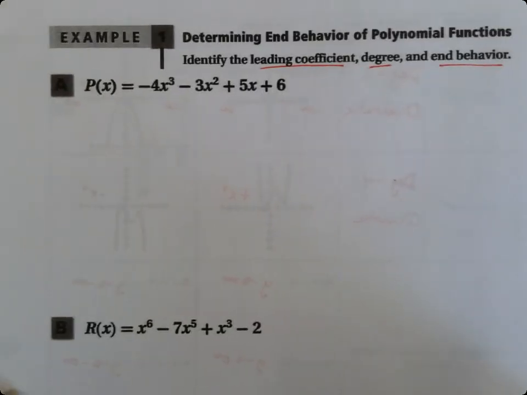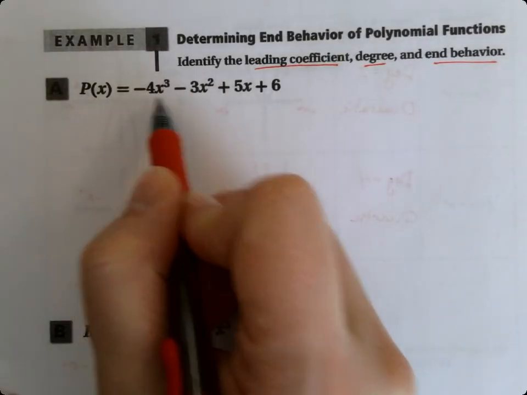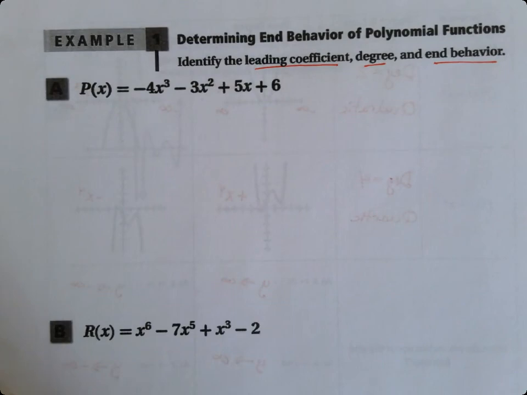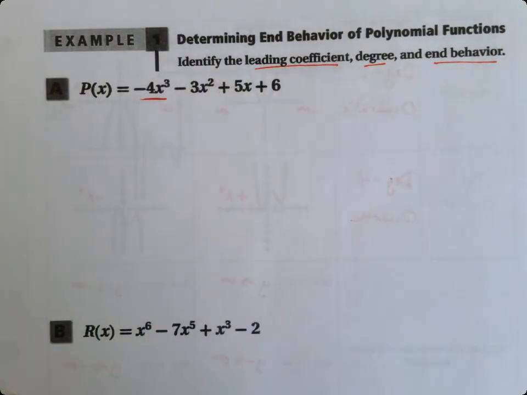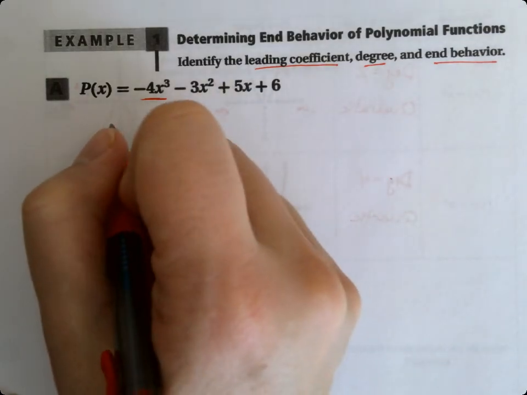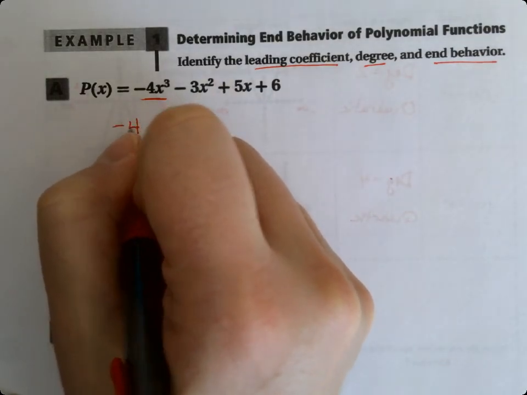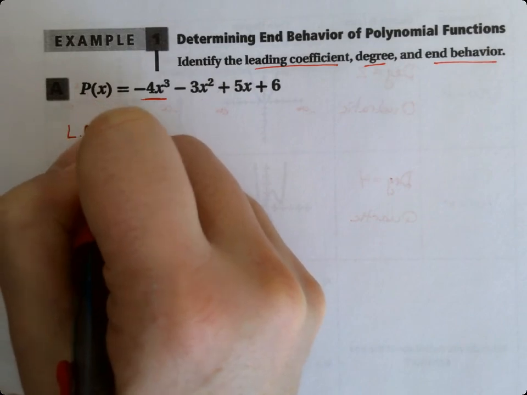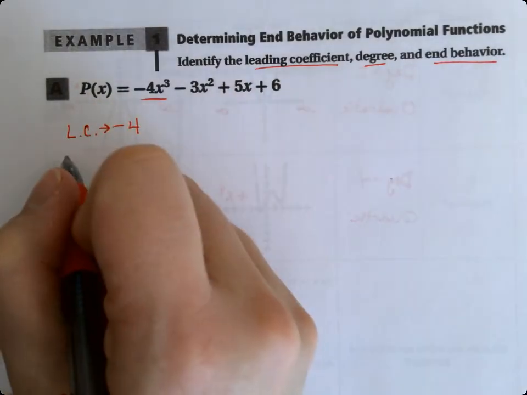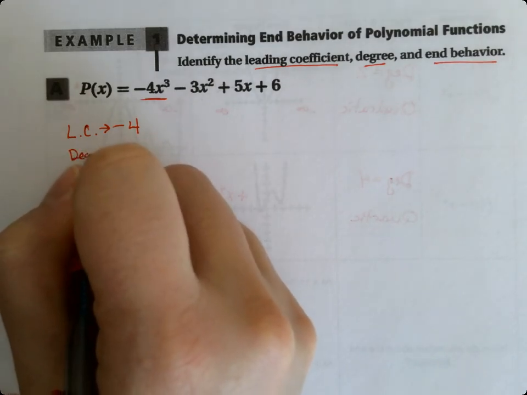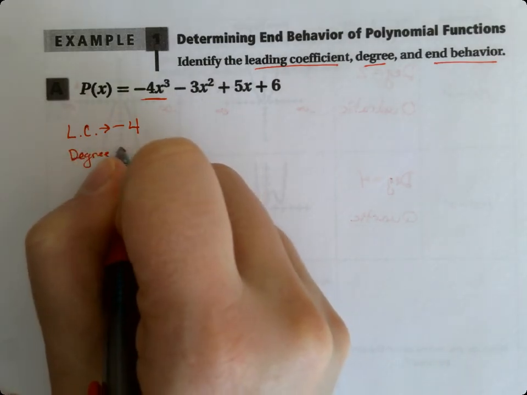So looking at this first one, how many terms are there? 1, 2, 3, 4. And it's in standard form. The highest power is 3. So that leading coefficient is -4. I'm going to write LC for leading coefficient. That's -4.